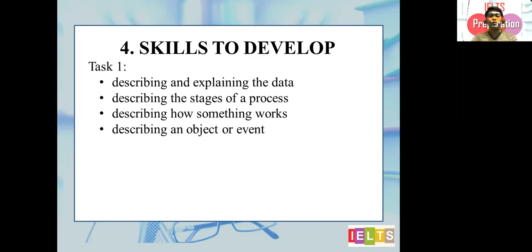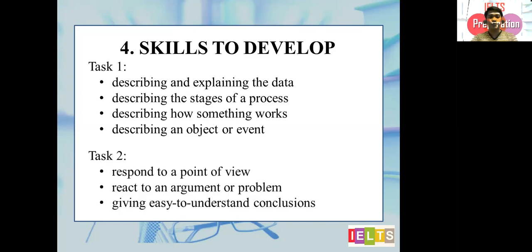So you just have to put them into writing, interpret them. In task 2, you respond to a point of view, react to an argument or problem, and give easy to understand conclusions. Remember, in task 2, this will measure how witty you are to give your own reaction or point of view or perspective about the topic or problem being asked from you. So you have to be creative in writing task 2 of the test.